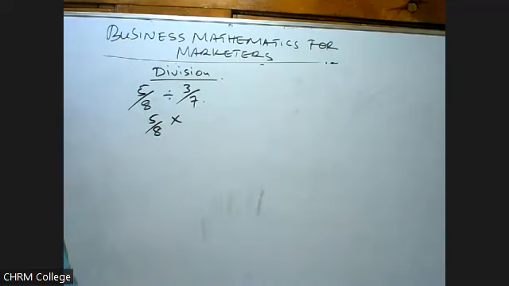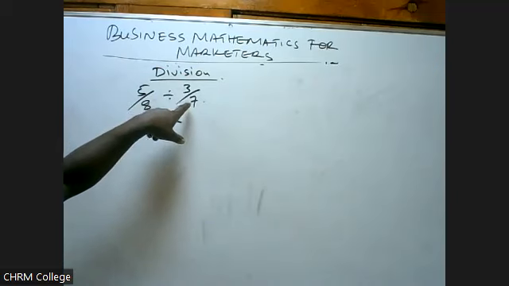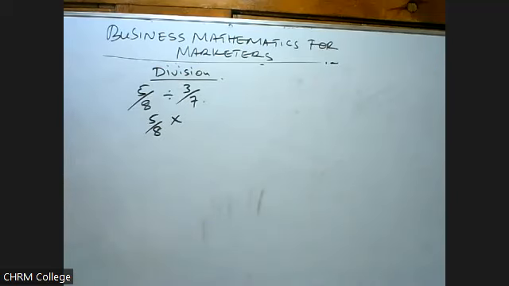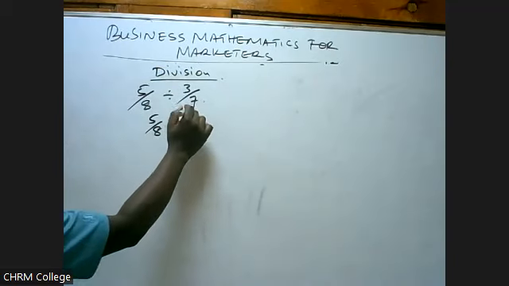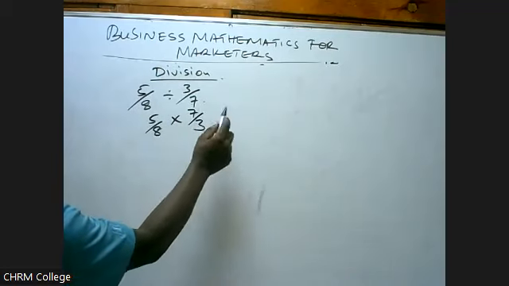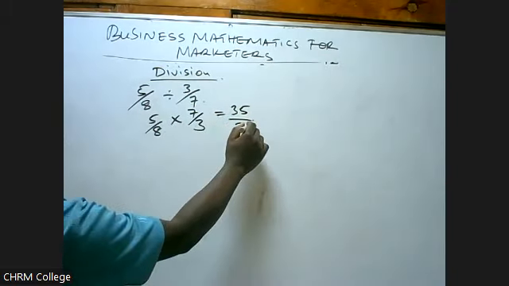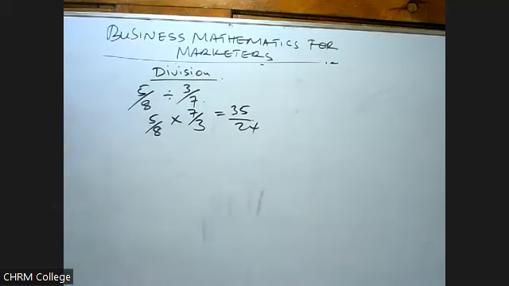The reciprocal simply means what was the numerator becomes the denominator, and the denominator becomes the numerator. The two values will interchange. Instead of 3 over 7, it becomes 7 over 3. So now you can do a normal multiplication. You take this times this, you get 5 times 7 over 8 times 3, which is 24. And then you convert it back into a mixed number.